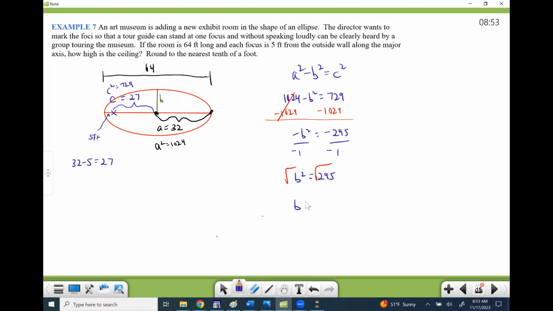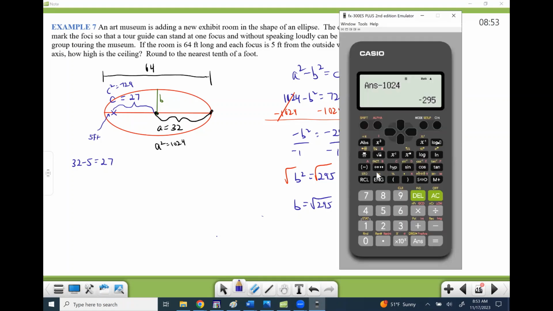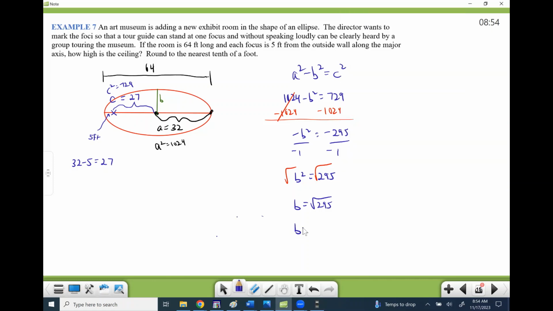So we get that B equals whatever the square root of 295 is, right? Round to the nearest tenth, it says. So that's 17.2, because the 7 is going to round the 1 up. So 17.2. And this is going to be feet.